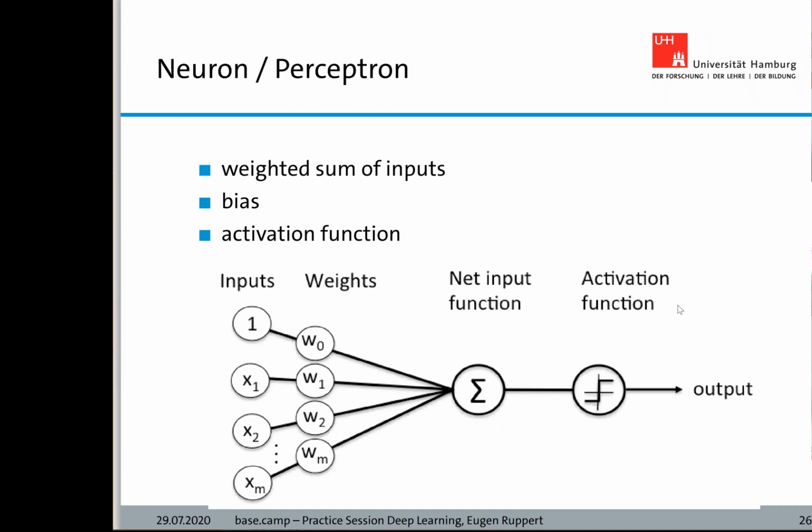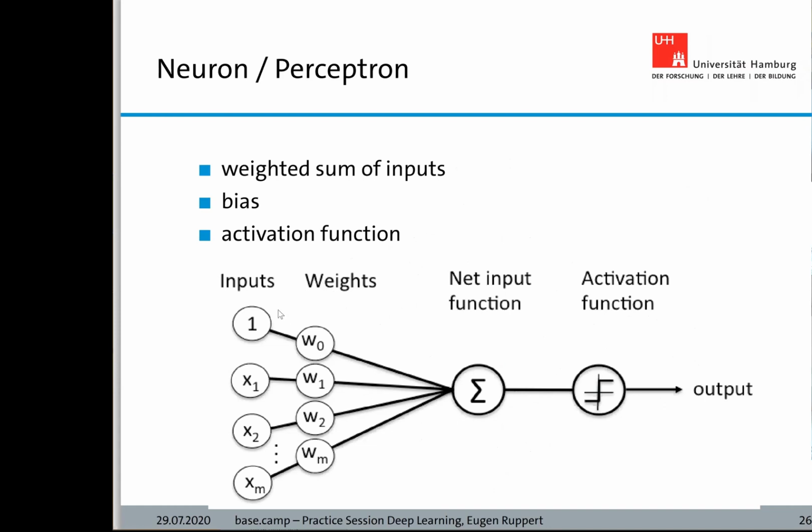Yes, one neuron looks like this. It has several weights, one weight for each of the inputs that it gets from the layer before. What you do then is multiply the weights with your input and sum them all up together.